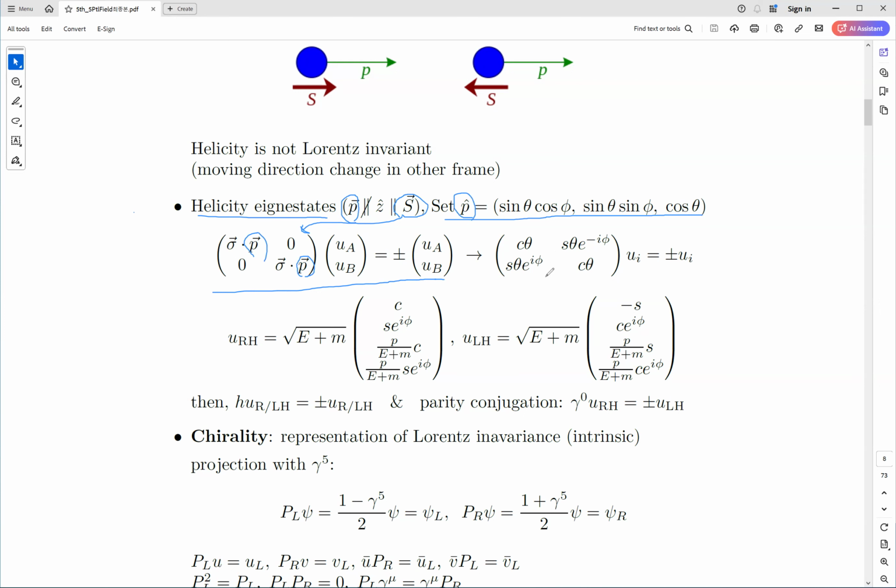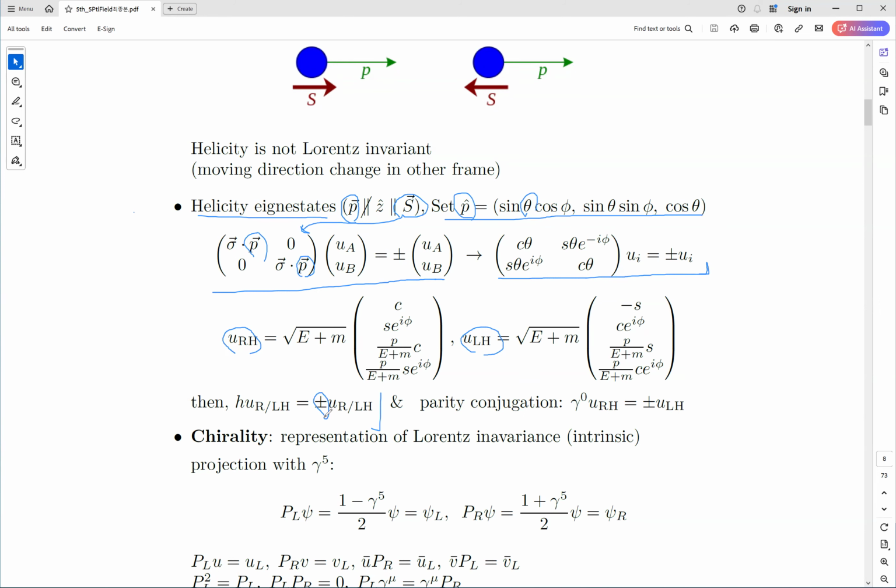Then this eigenvalue problem reduces to such a form. And if we solve this eigenvalue problem, then we can obtain the helicity eigenstate for the right-handed one and the left-handed one as functions of theta and phi, and also of the energy, momentum, and the mass. Then these eigenstates have eigenvalues again of plus or minus 1.